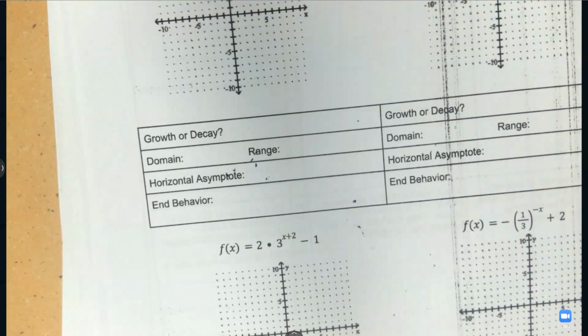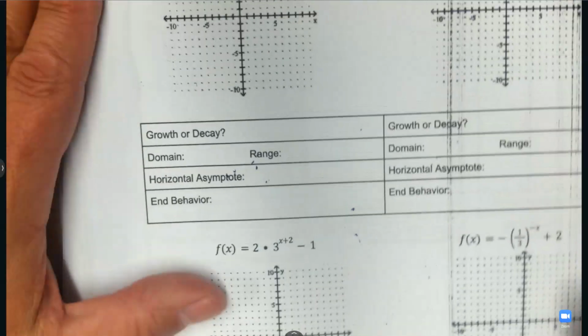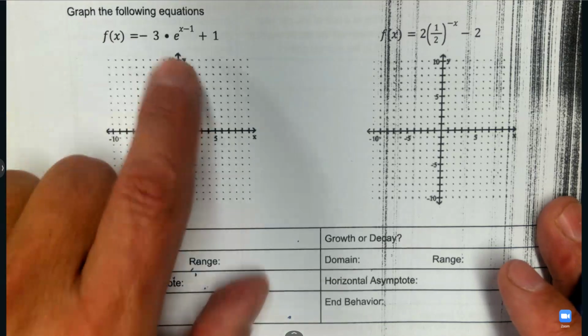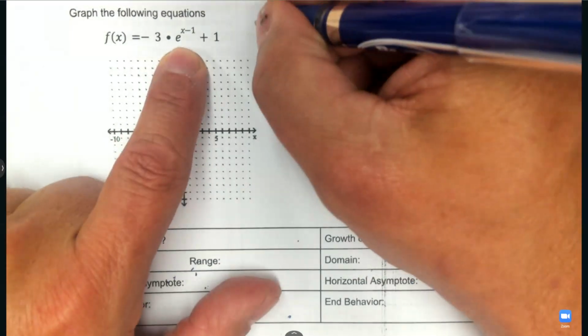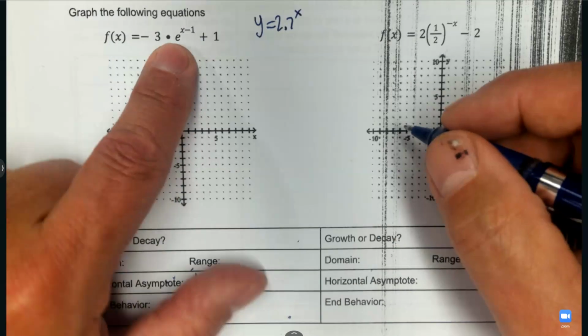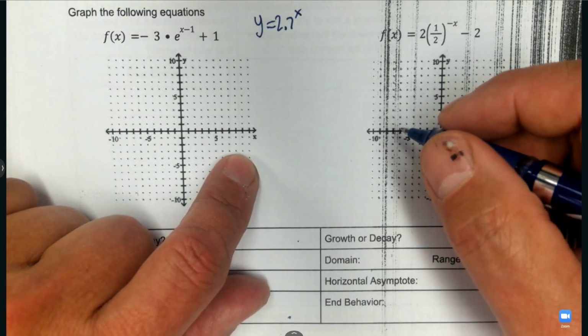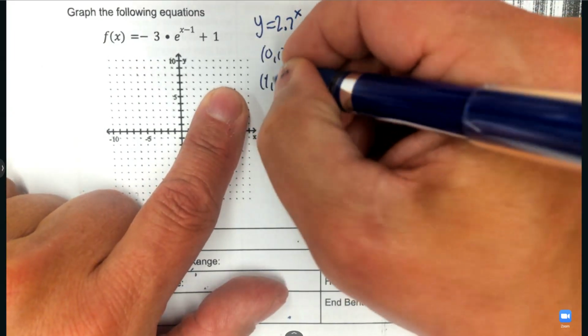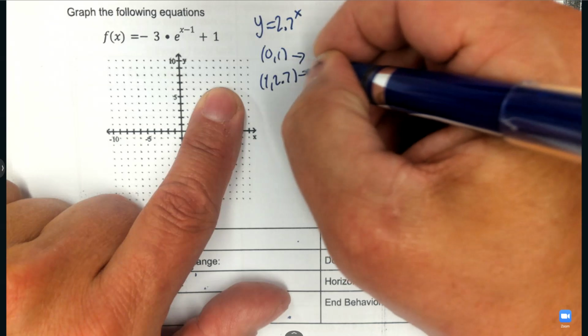All right, some more graphing on this page. So I recognize the base. Instead of e, I'm just going to write 2.7 to the x. That's approximately what e is, so we can graph it. The 2 points are at 0, 1, and 1 and 2.7, and y equals 0.